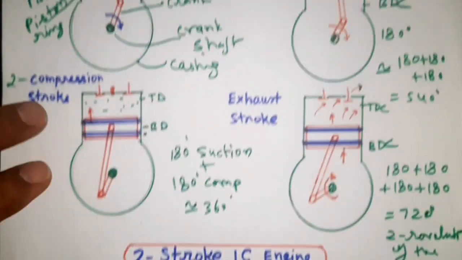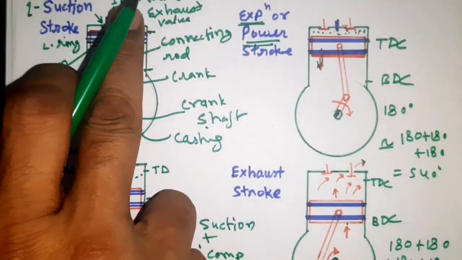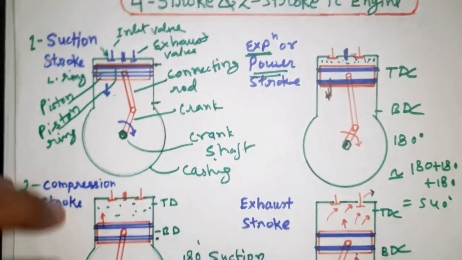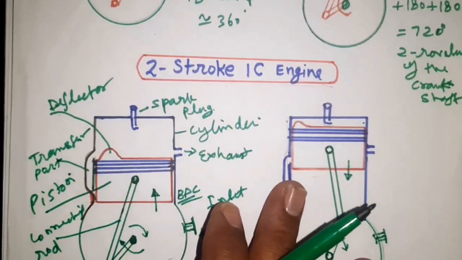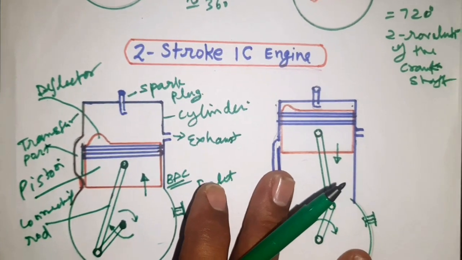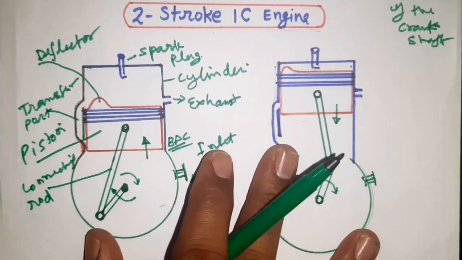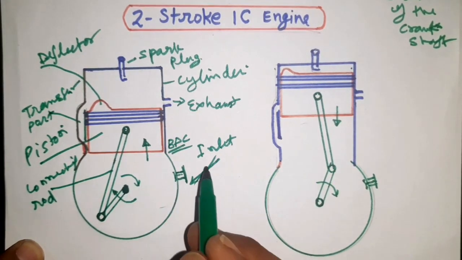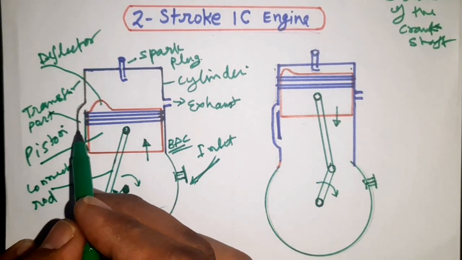In four-stroke engines there are inlet and outlet valves, but in a two-stroke engine there is no need for valves, so only ports are there. This is the inlet port, and this is the transfer port.